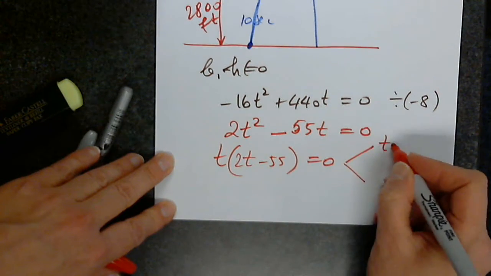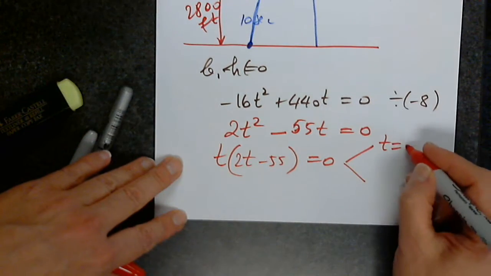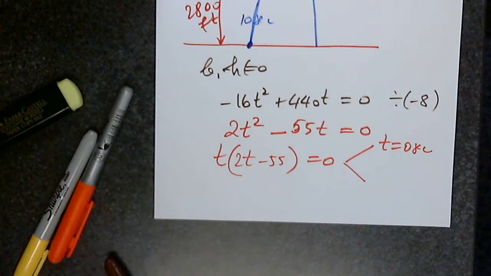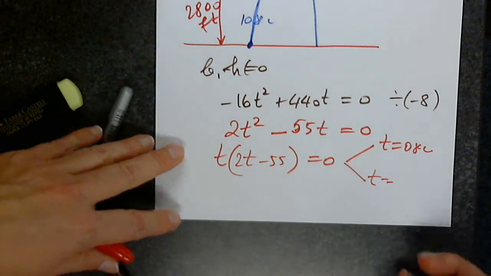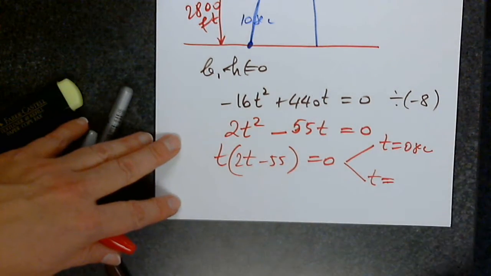So there are two options then. T equals 0, which makes sense. It wasn't on the ground at time t equals 0. And the second time it reaches the ground is how many seconds later?